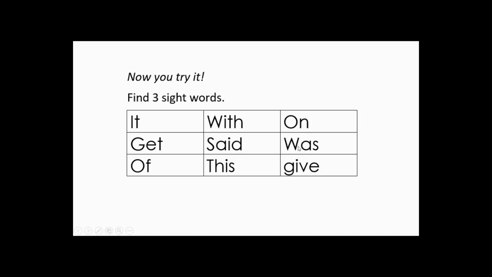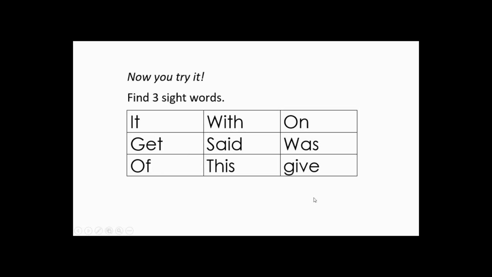The word "was" sounds like it should be spelled W-U-Z, not W-A-S. So this is a high frequency sight word. In the word "give," E kicks that I, makes it say its name. This word should be "gyve," but it's not. So your high frequency sight words in this list are "of," "said," "was," and "give."